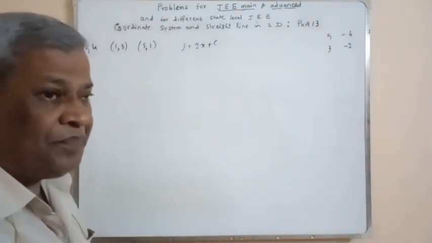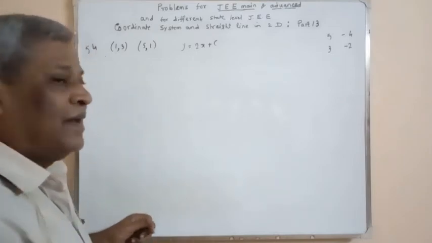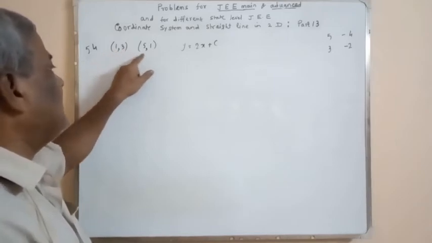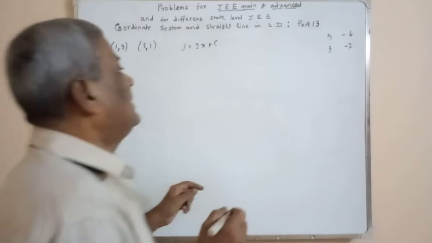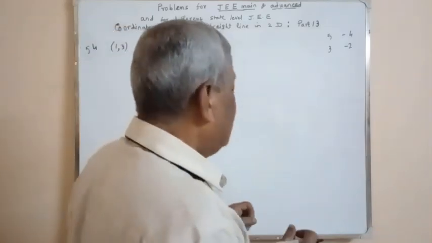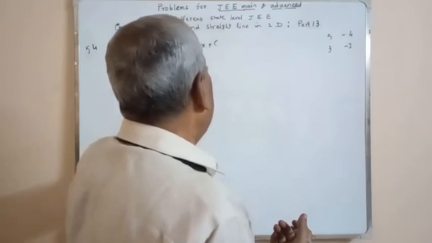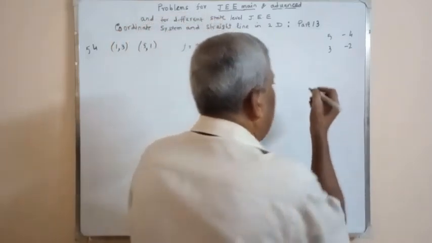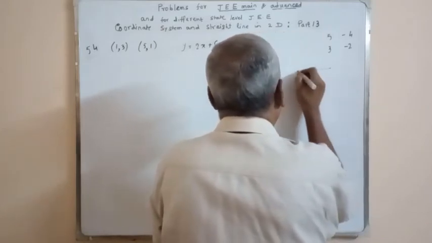In this problem, a rectangle is given, of which these are two opposite vertices, and the other diagonal lies on that straight line. Then find the value of c. The problem is very simple, of course.